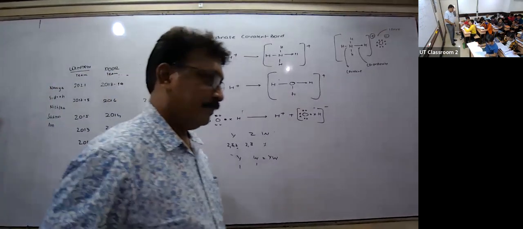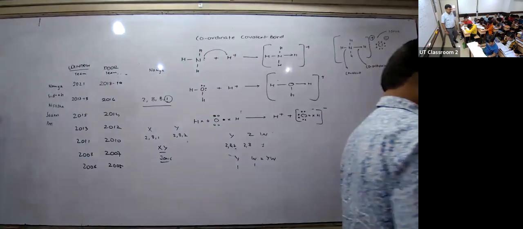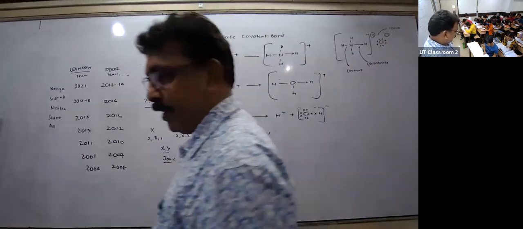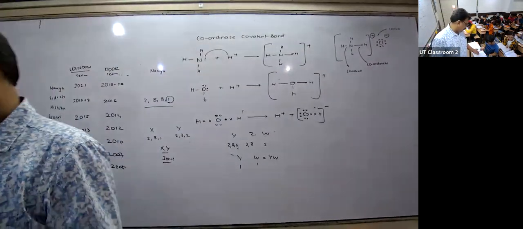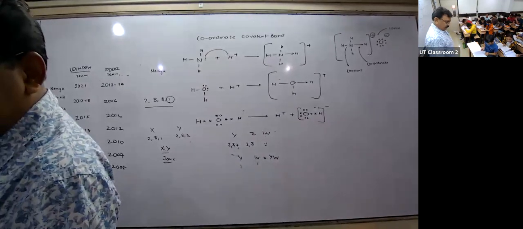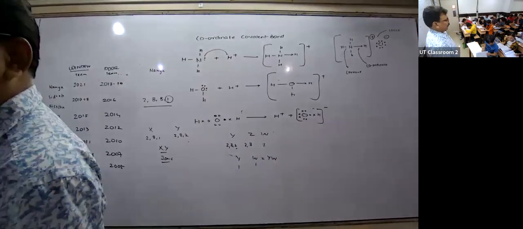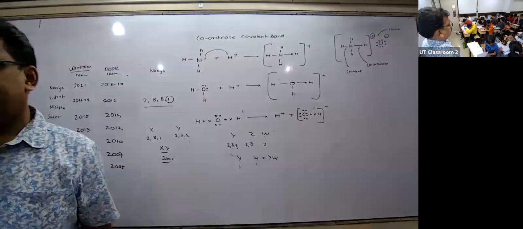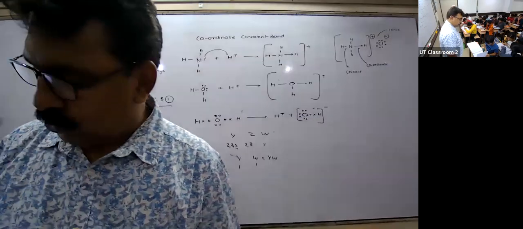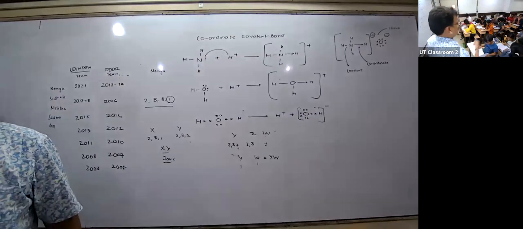Because the covalent compound does not produce ions, it's a non-polar compound. This question has come twice, and the answer is given on page number 37. The dissociation part is also there twice. Read the 2005 question.